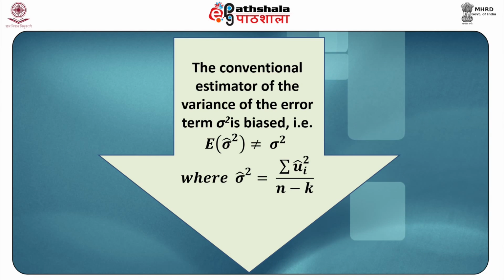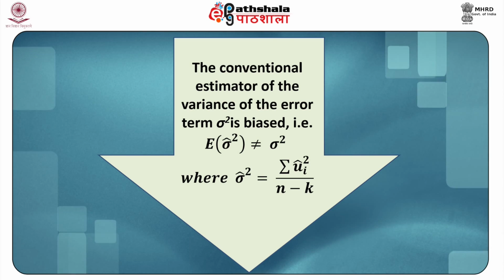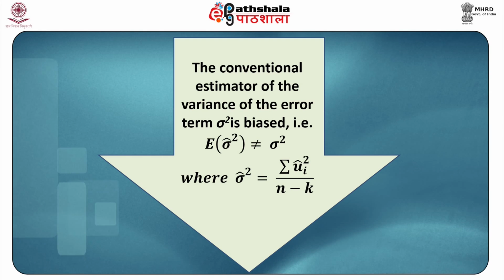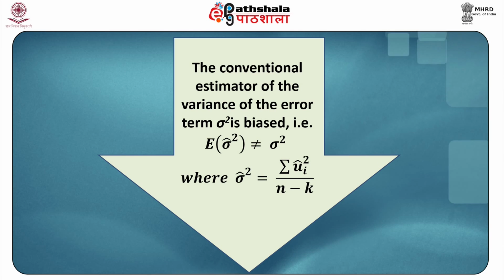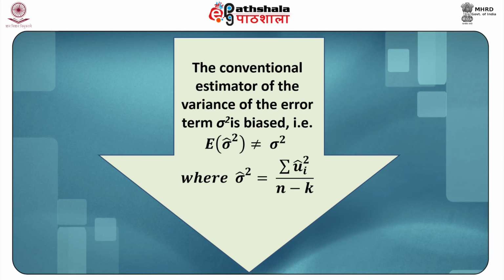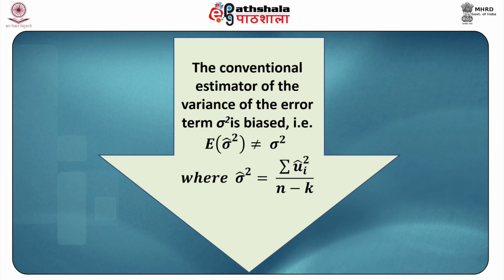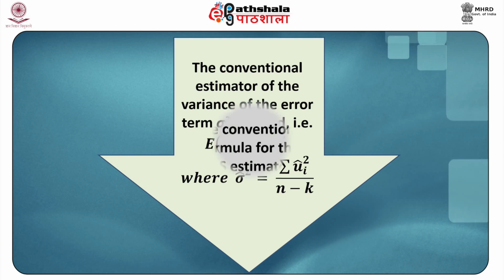The conventional estimator of the variance of the error term sigma square is biased. This is another consequence of heteroscedasticity. It basically means that expected value of sigma hat square is not equal to sigma square, where sigma hat square is equal to the sum of mu i hat square upon n minus k.